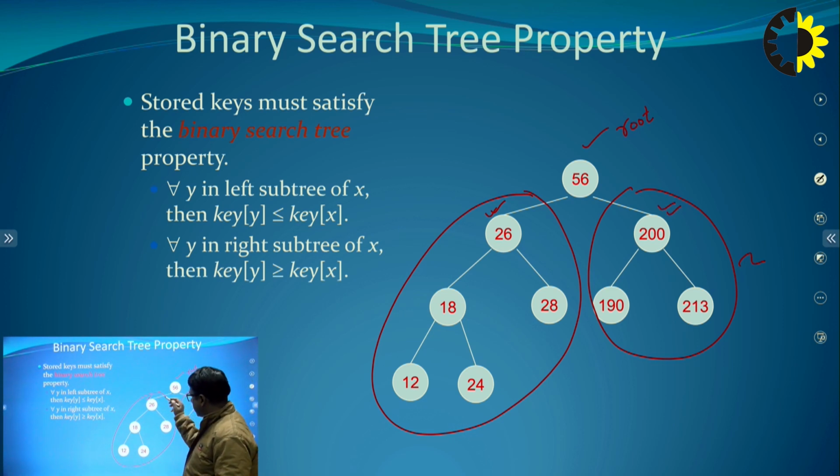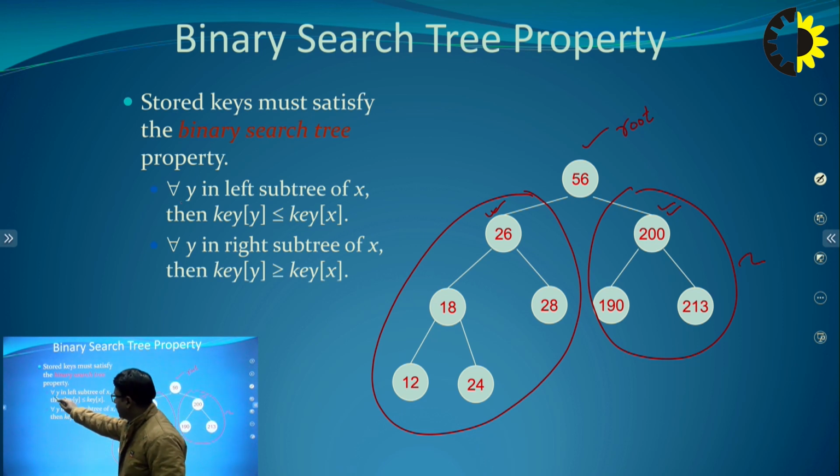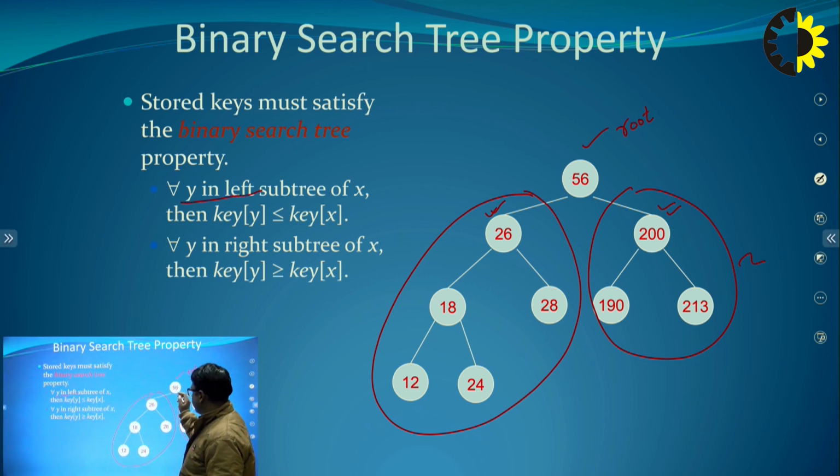That means, as per the property given here, for every y in the left subtree of x, key of y is always less than key of x. The left child will always be compared with the root. So in a binary search tree, this will be less.